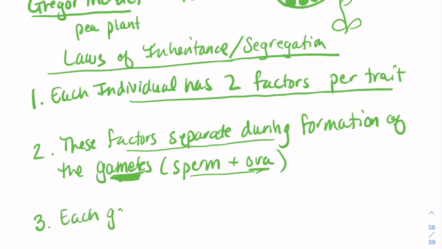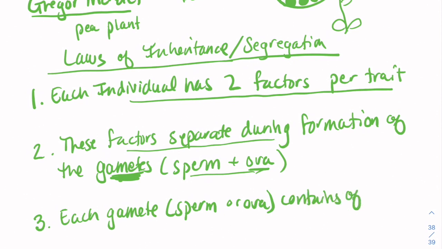Each gamete, sperm or ova, contains only 1 factor per trait.